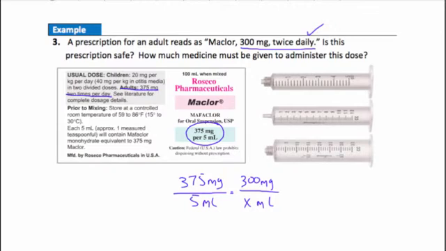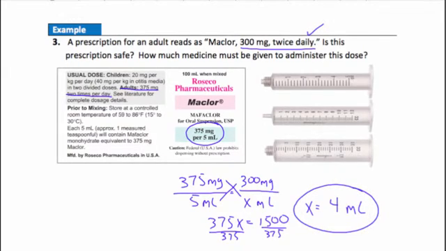So let's look at these diagonals, the cross products. 375 times x gives us 375x. On the other side, I'm going to take 5 times 300. 5 times 300 is 1,500. So all I would do then is divide both sides by 375. So 1,500 divided by 375 gives us 4 milliliters of actual medicine.